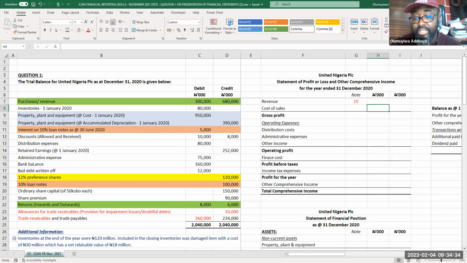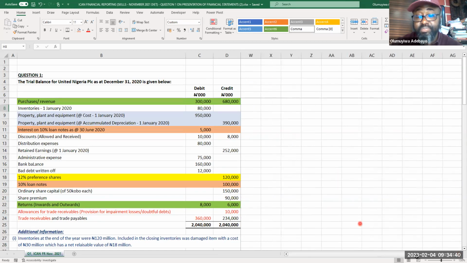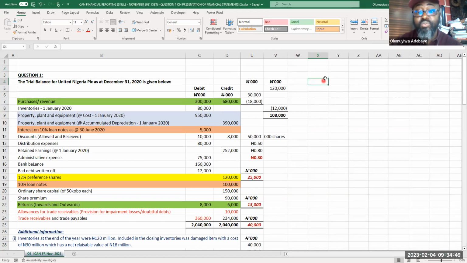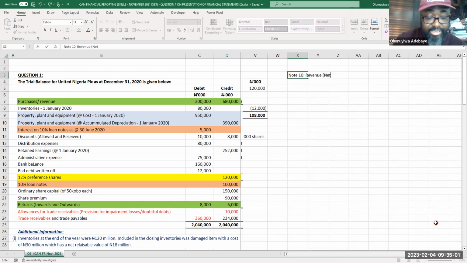Let me create note 10. Revenue, which is simply net sales.